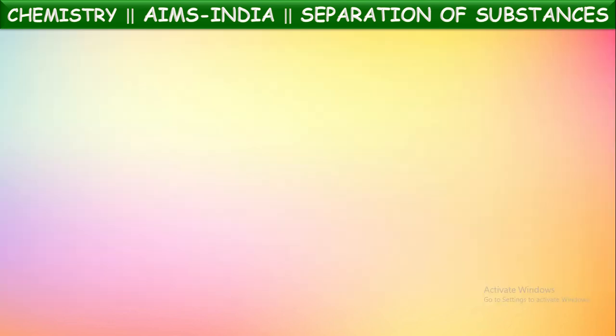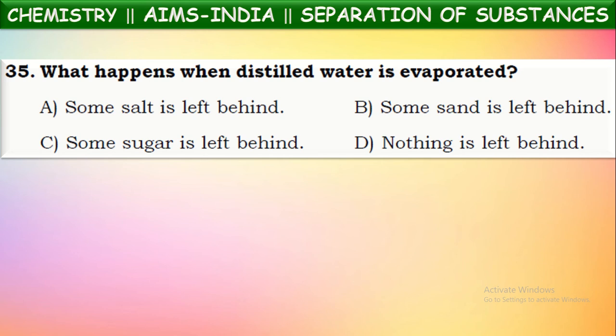Okay. Next, what happens when distilled water is evaporated? So if you take certain distilled water in a china dish or any open plate, and you heat it, what happens then? Water starts evaporating. Then what will remain on the dish, china dish or any plate when distilled water is evaporated?